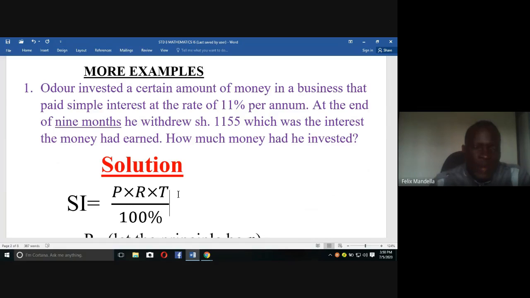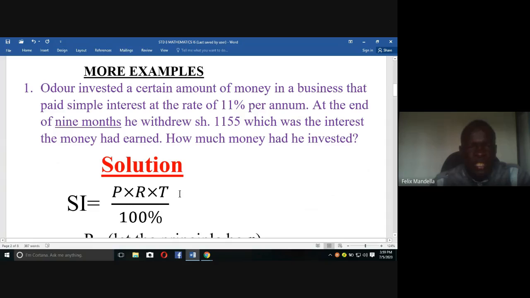In mathematics at your level, you will only be given one thing missing. They cannot give you two parts of the formula missing. So write what is in the question in the formula, then the rest, you look for it.